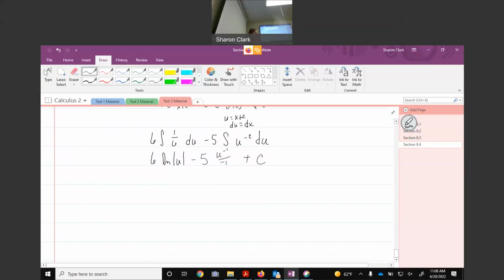Why didn't you change the 1 over u? Because you've got to add 1 when you integrate. Oh, because 1 over u is ln, but u to the negative 2 doesn't have an ln in it. 1 over u squared is not an ln problem.